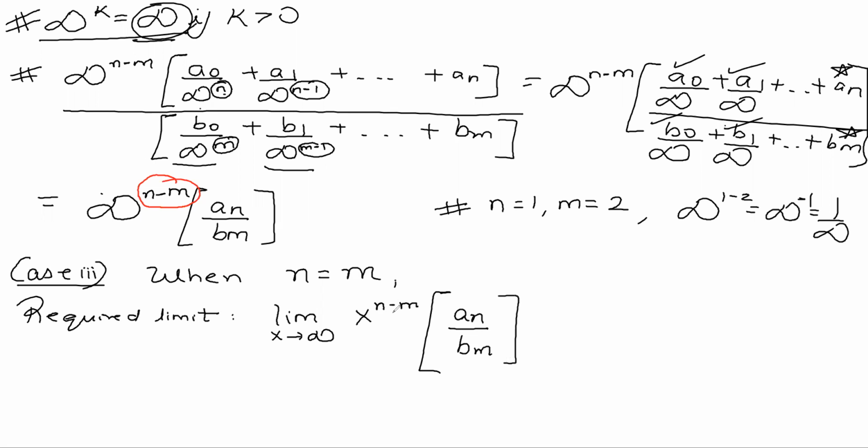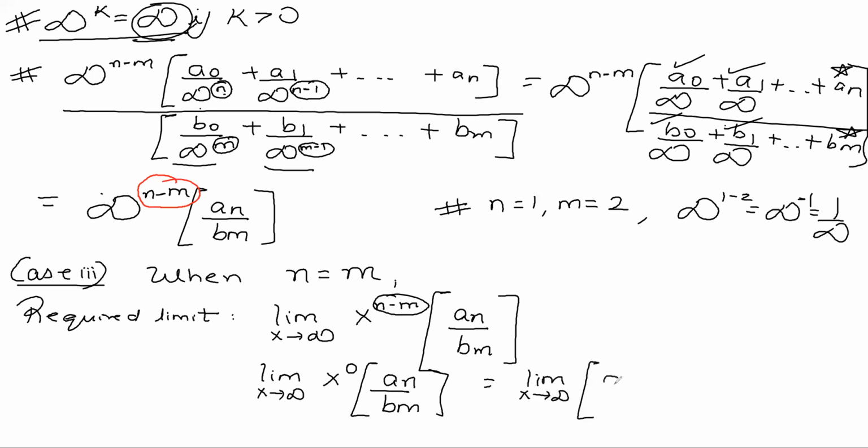So now when n is equal to m, it's x to the power 0 into an by bm. Because if n is equal to m, it's 0. Anything to the power 0 is 1. So we have the limit as x tends to infinity of a constant. And guys, the limit as x tends to infinity of a constant is exactly equal to the constant itself.